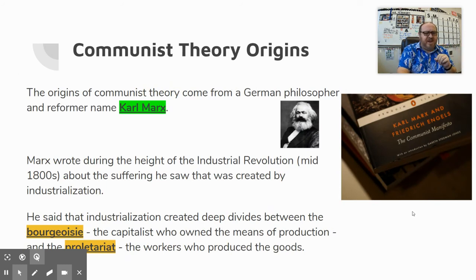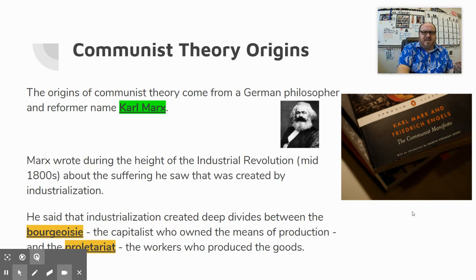Okay? Now, where do we get these ideas of socialism and communism from? Back in the 1800s, there was this German philosopher by the name of Karl Marx. Now, Marx wrote during the height of the Industrial Revolution, like I said, about the mid 1800s. And he was really concerned about the suffering that he saw that was created by industrialization.